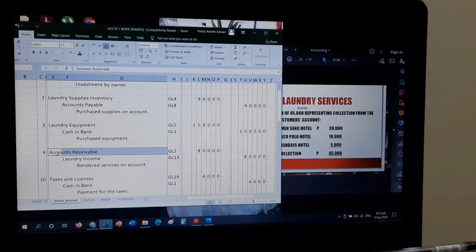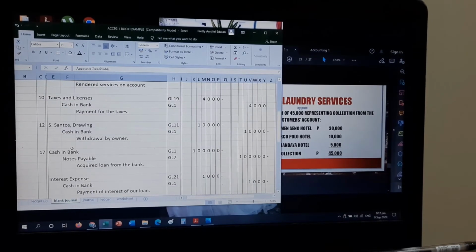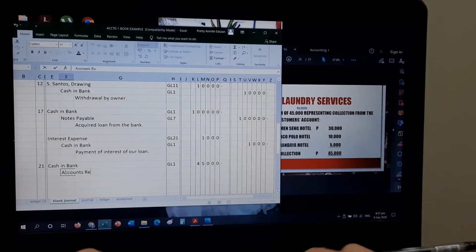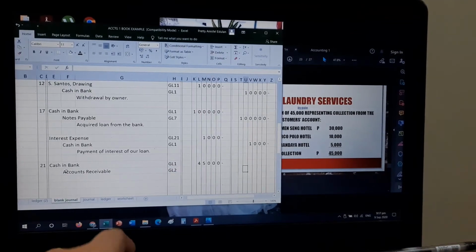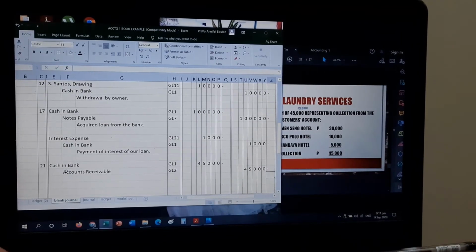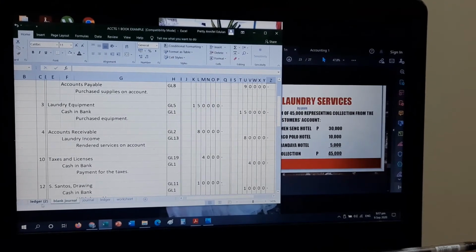How do we lessen or zero out this balance? The normal balance is debit, so to decrease it, you need to credit that one. GL 2, 45,000. Is that full payment? No, because on March 4, the balance was 80,000.